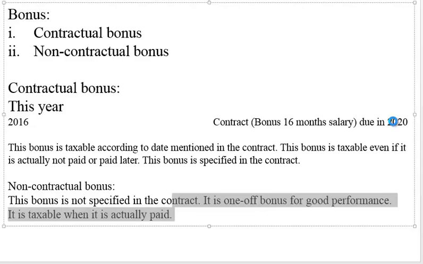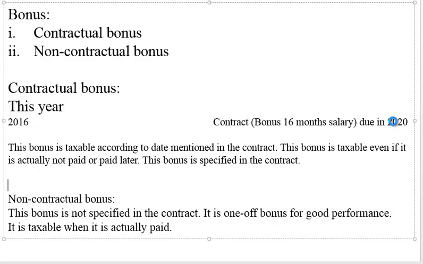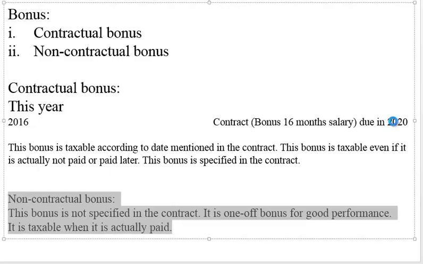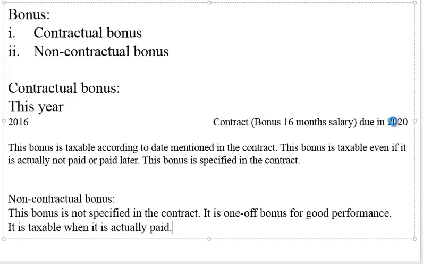So you have to differentiate between the two, okay? The first one does not depend on when it is paid. It will automatically be taxed. The second one is when it's actually paid. So you announce it today. Will it become taxable? No. If you pay it next year, it is taxable next year. You change your notes.